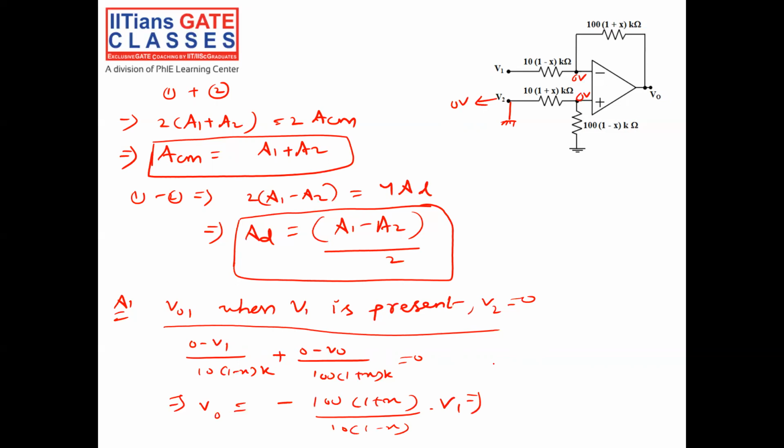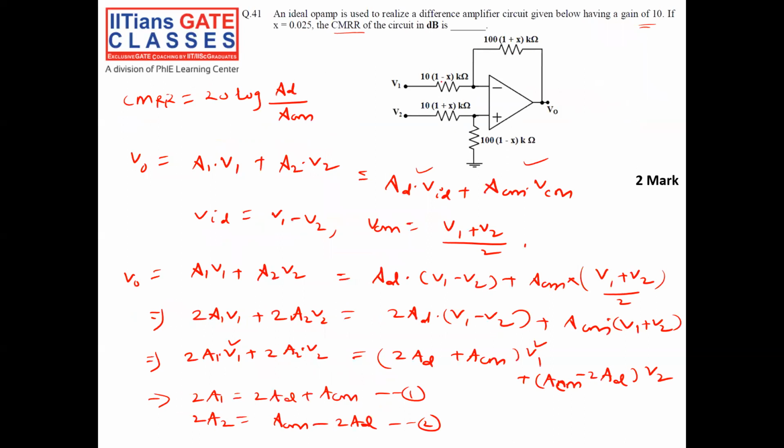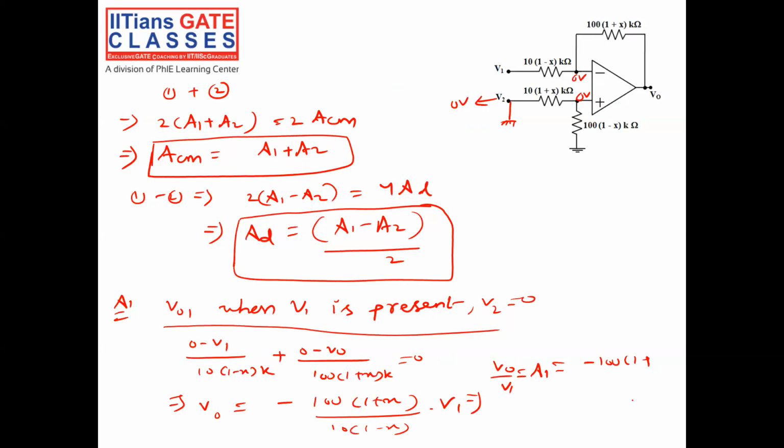This implies V0 by V1, the gain A1, is equal to minus 100 into (1 plus x) divided by 10 into (1 minus x).